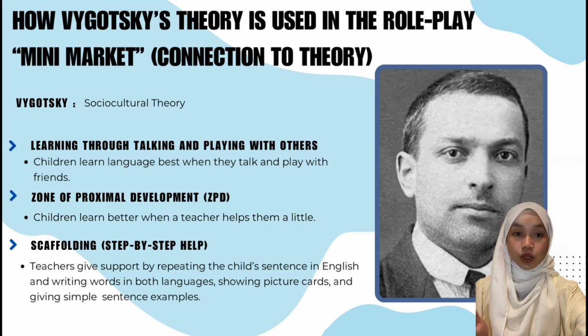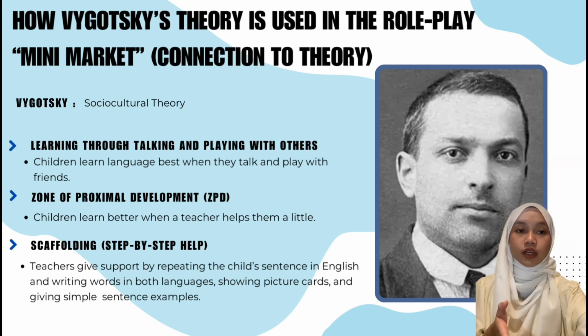This is also related to scaffolding, where the teacher gives support such as repeating the child's sentence in English, writing words in both English and Malay, showing picture cards, and giving simple sentence examples like "here you go" or "thank you." So through this process, children slowly build understanding and confidence to speak English on their own.